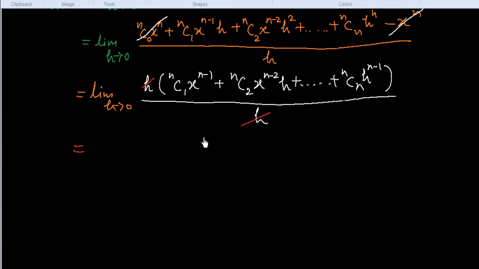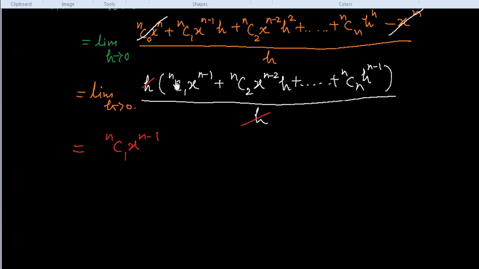Now we put the limit in this expression. We get n combination 1 x power n minus 1. The remaining terms would be 0 because of the h; if you put 0 instead of h, all those terms become 0.